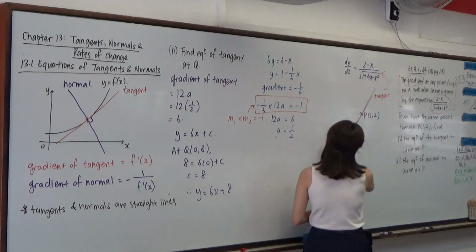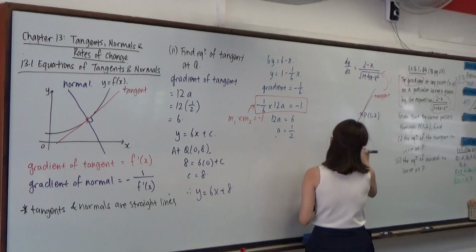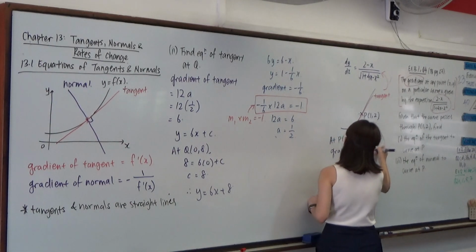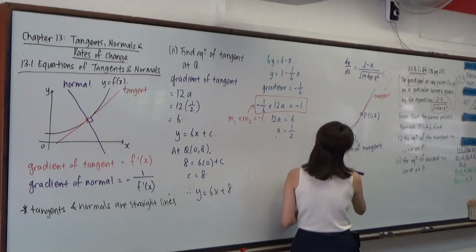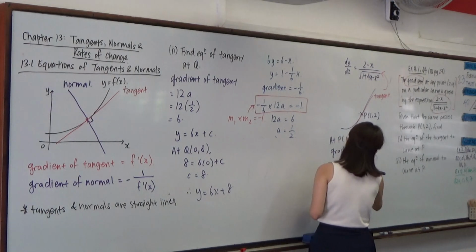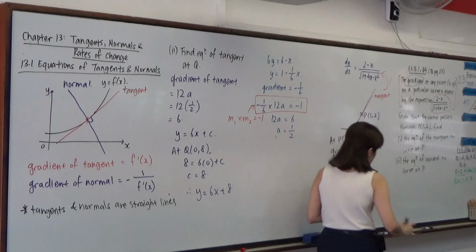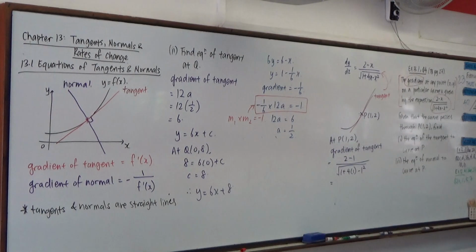So the gradient of the tangent will be (2 minus 1) over the square root of (1 plus 4 minus 1 squared), and that is equal to half.